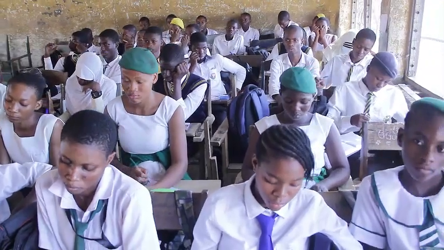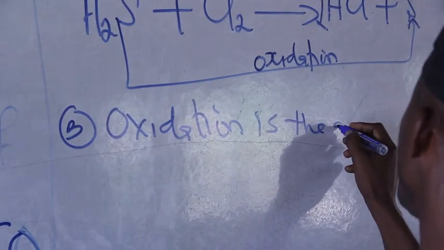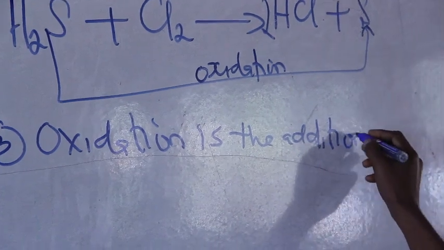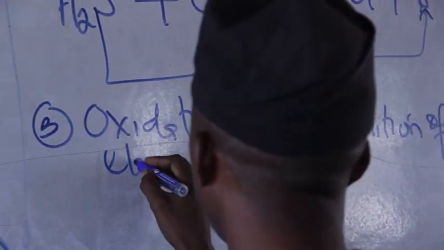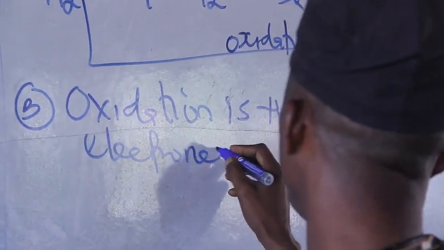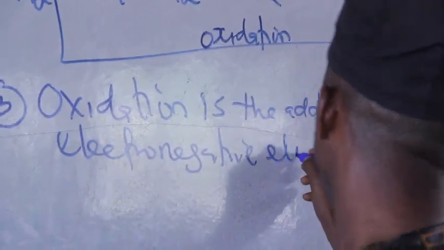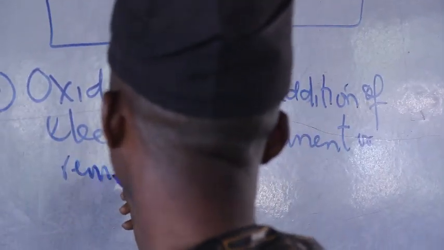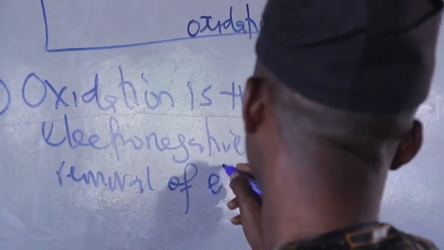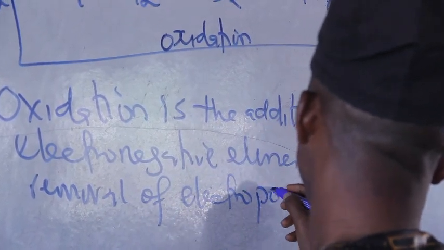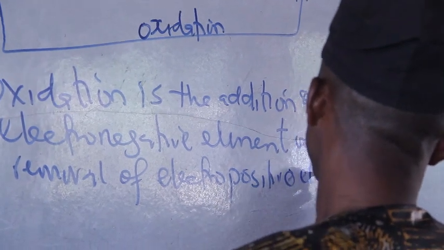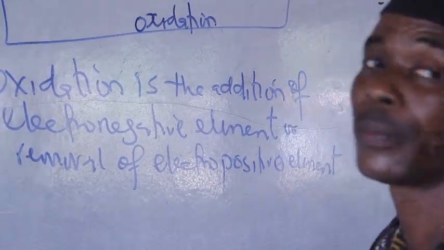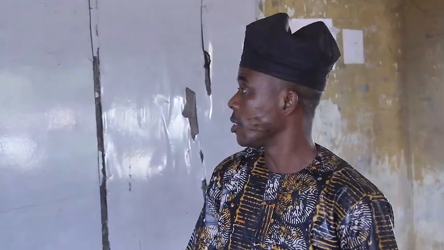So we can say three now: oxidation is the addition of electronegative element or removal of electropositive element.